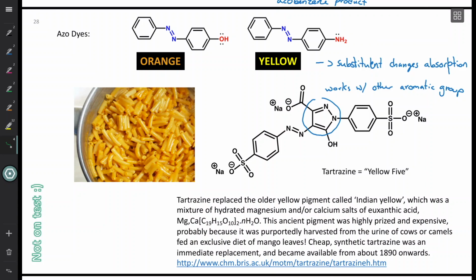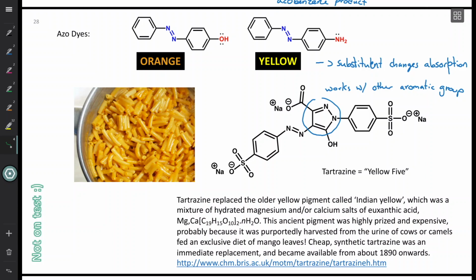But what I thought was kind of cool, and you can check out this description, this was the molecule of the month a while back, was that originally, old paintings used Indian yellow, which was a magnesium, calcium salt with this other type of dye. And this was a sort of expensive pigment. And then when they discovered tartrazine, it became available as a dye, and so that's used in more modern paintings.